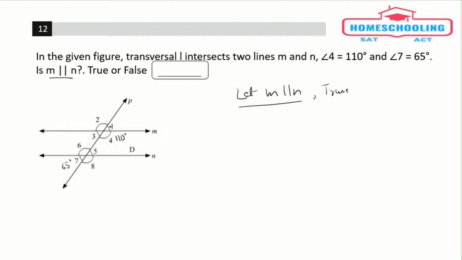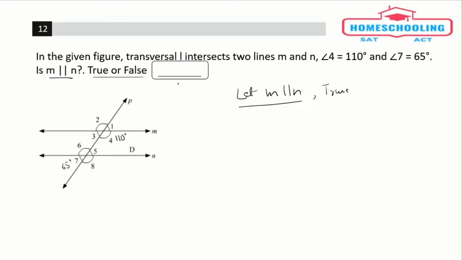So let's check whether they are true or not. Two parallel lines intersected by a transversal have various angles, so we have to check whether all the angles are equal or not: vertical, corresponding, alternate, and interior angles.